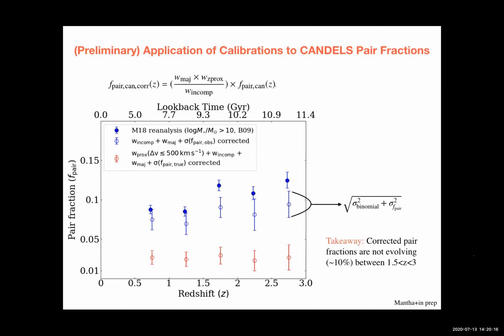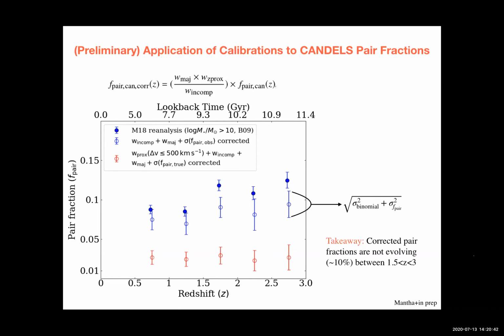And so the solid blue points correspond to no correction. If I just took the data and quantified the pair fraction for the given selection cut, and the open data points correspond to if I incorporate the incompleteness, major pair selection criterion correction, and also adding in quadrature the field-to-field variation error bars.